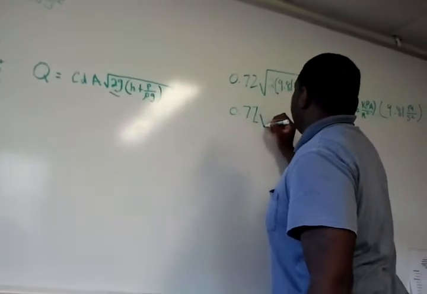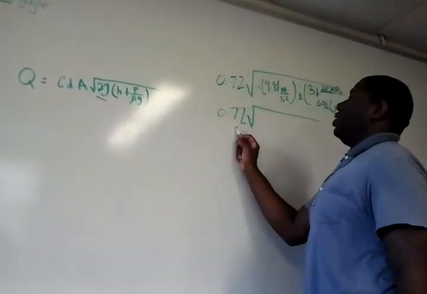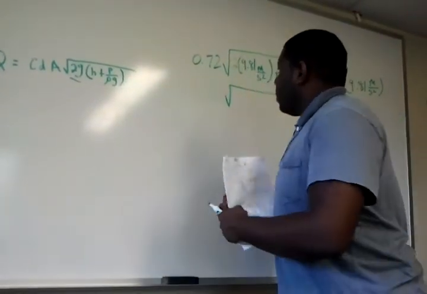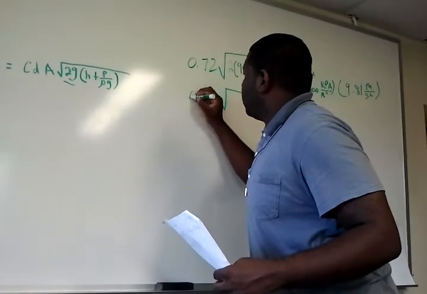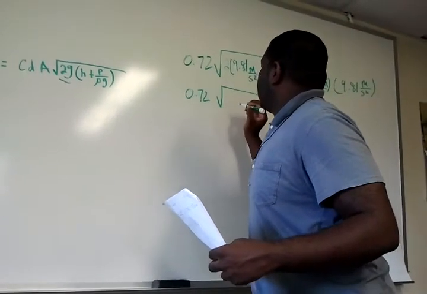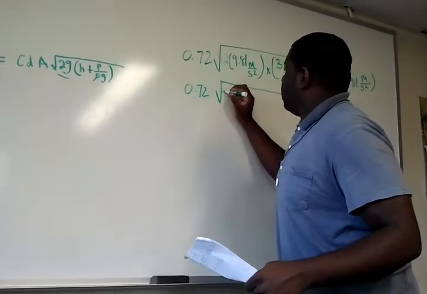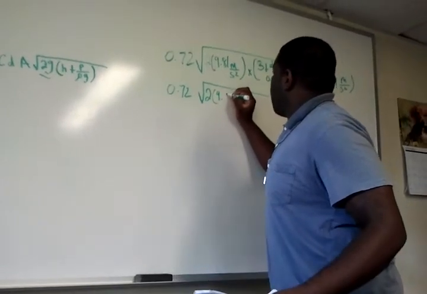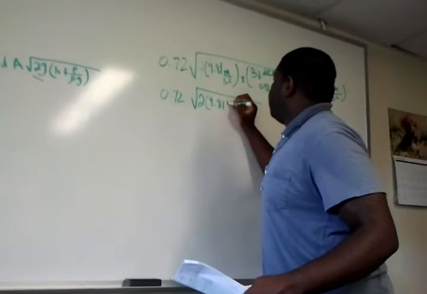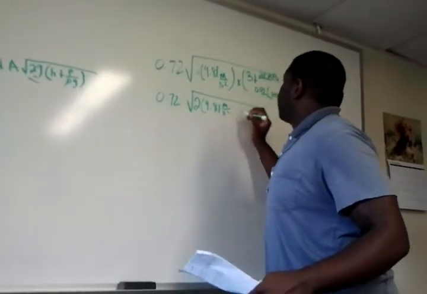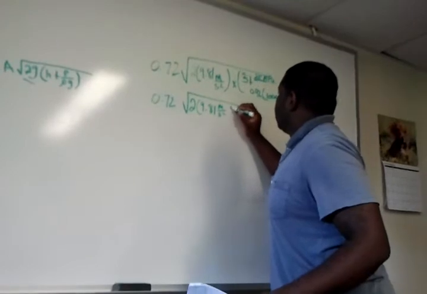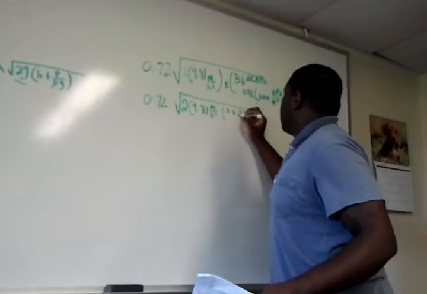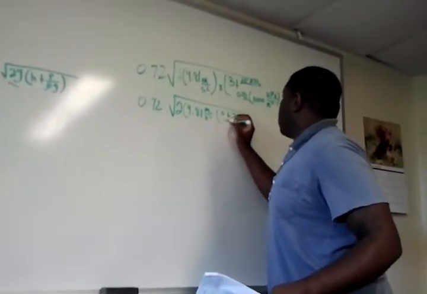So if we want to rewrite this, we can say 0.72, our coefficient of discharge. I'm going to rewrite that for y'all. Our coefficient of discharge times the square root of 2 gravity in meters per second squared, multiplied by 3, which is our height, plus 25 over density.